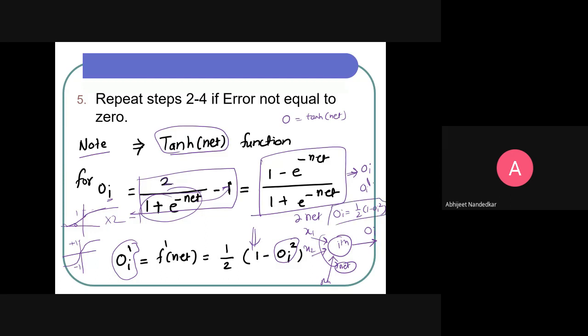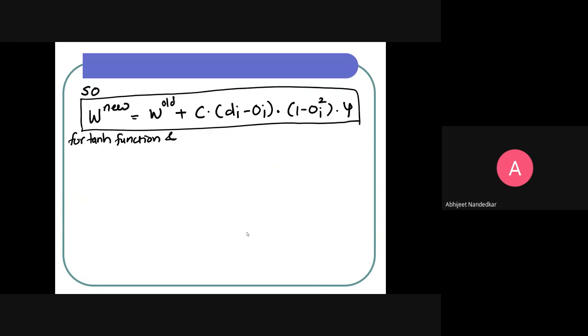So you just square this output and subtract from 1, divide by half, say divide by 2. So that will give you f dash or OI dash, and use that in your perceptron learning rule so that you will get the change in weight.